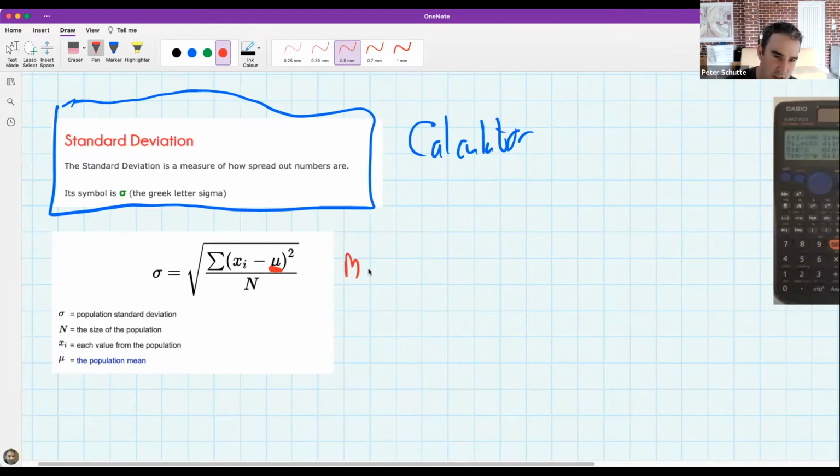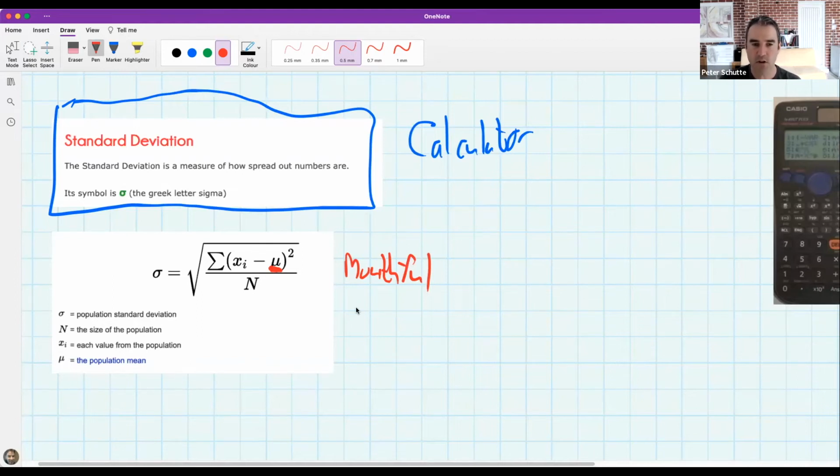Now, this feels like a bit of a mouthful. The good news is all you really need to know is that the standard deviation is how far away on average you are from the mean. An example from this call: if you imagine the height of everybody in the Zoom call, if we only took the standard deviation of the girls in the group, it would be low, because their heights are going to be closer together on average.